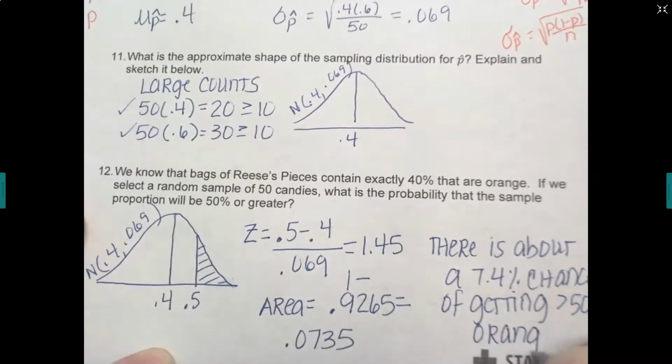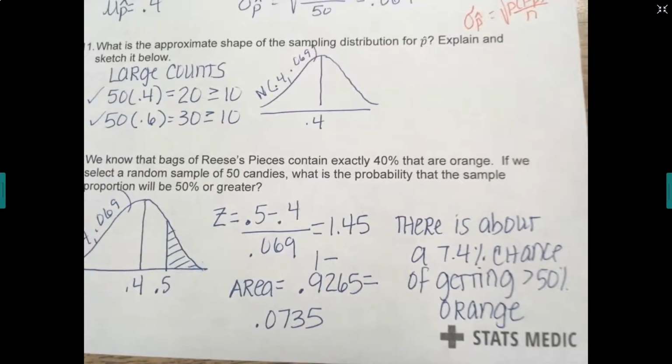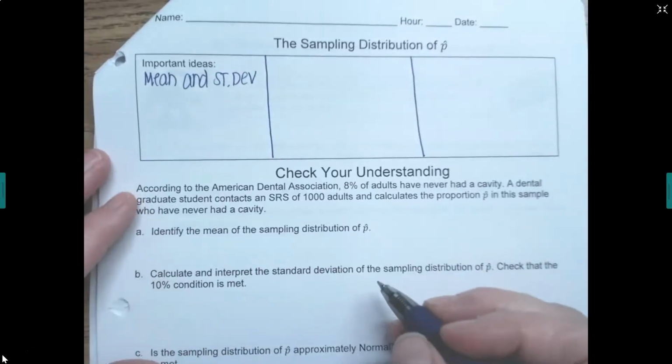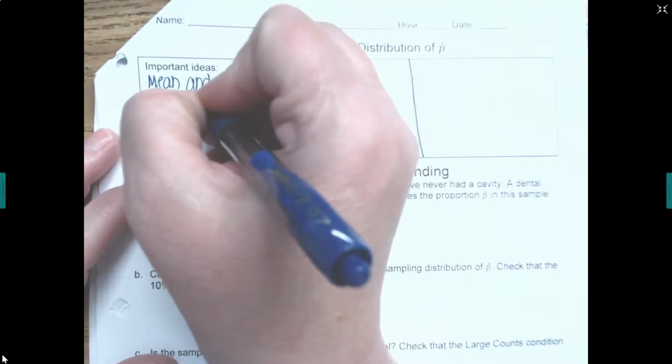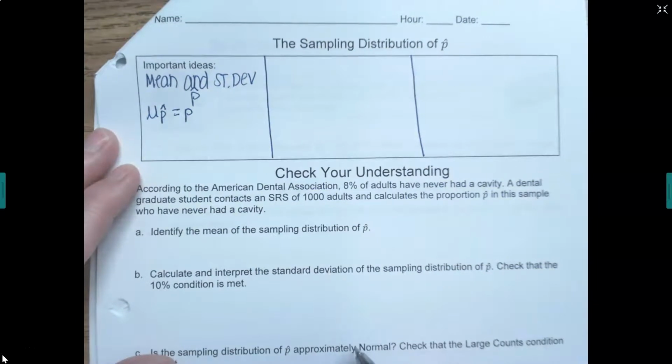All right. Let's go ahead and summarize this down for you. Here are 3 things that I want to be sure that you're able to take away from today's lesson, because it was a lot. I want to make sure that you know how to find the mean and standard deviation for your proportion. To find the mean of p hat, it's just going to be equal to the population proportion.